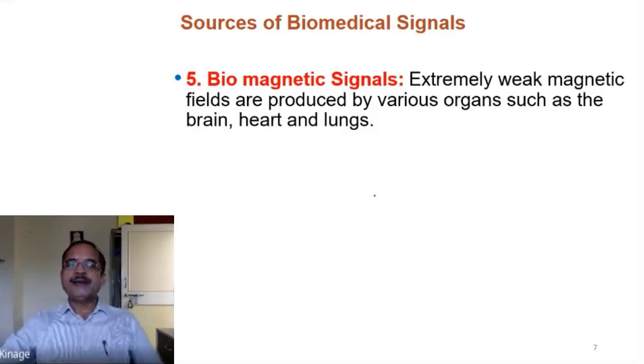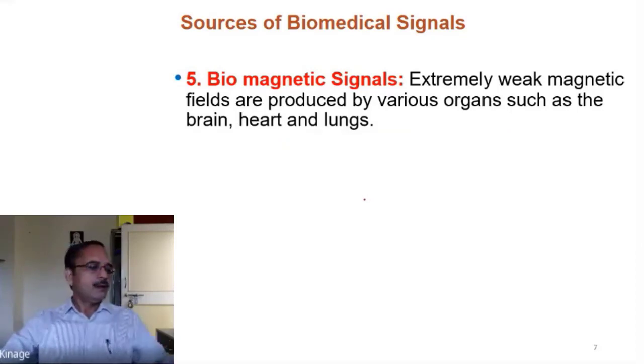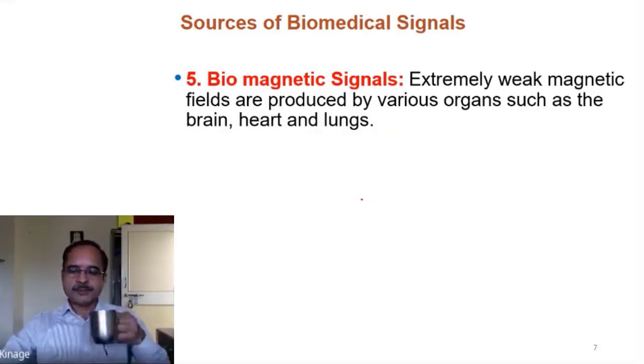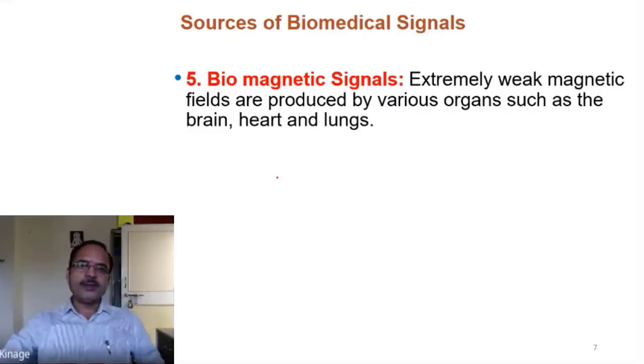Next, biomagnetic signals. Okay, you might have heard our various types of organs produce some very weak magnetic fields. The organs like brain, heart, or lungs produce a very weak magnetic field, and that is actually these biomagnetic signals.